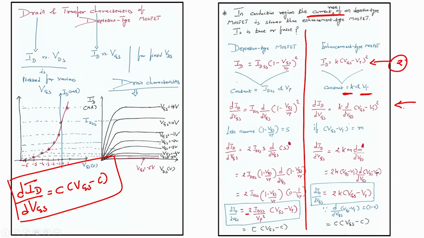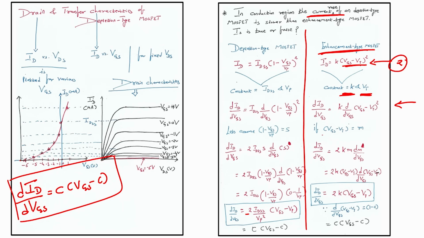So, let us start. We know that for an enhancement type MOSFET, your current ID is K times (VGS minus Vt) whole square. Here K is constant and Vt is constant. If I start differentiating, dID by dVGS is nothing but K times d by dVGS of (VGS minus Vt) whole square.